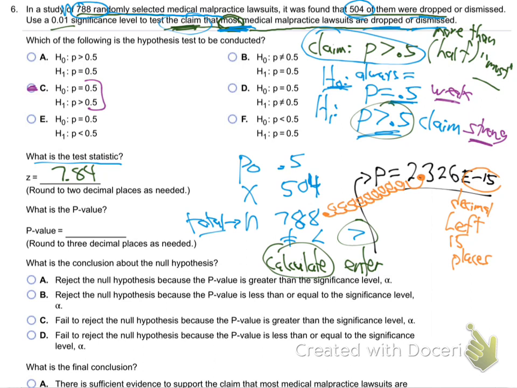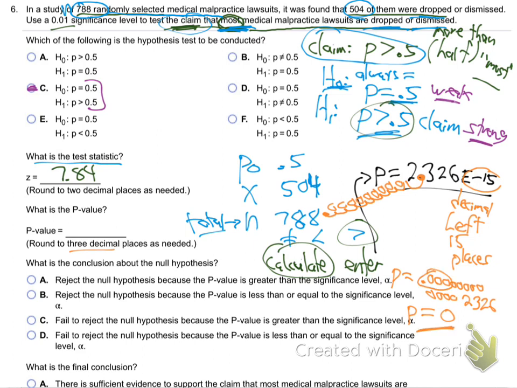So the p-value, in other words, is 0.0000000000000, I don't even know how many zeros, 2326. In other words, that's basically zero. That's just your calculator's weird way of saying p is basically zero. If you're going to round it to what do they want, 3 decimal places, it's zero.